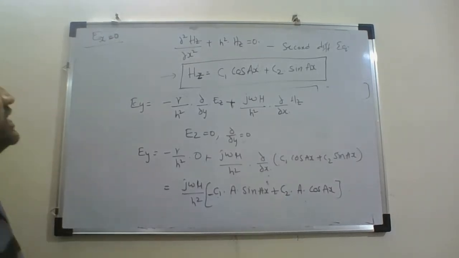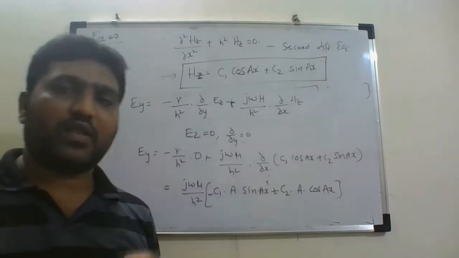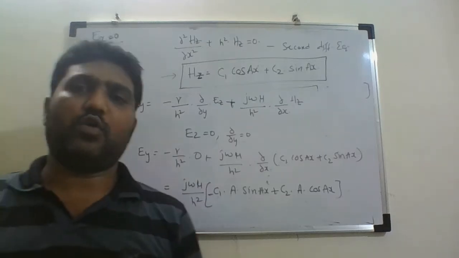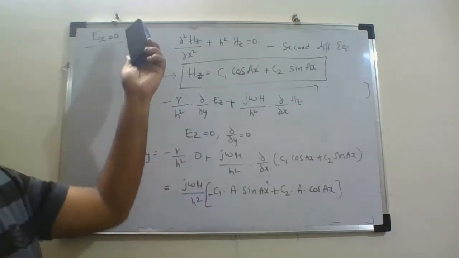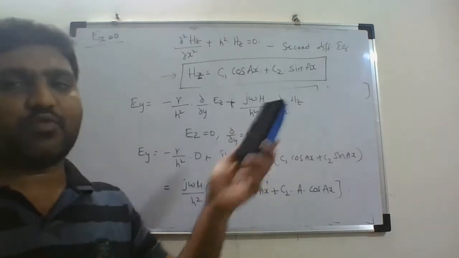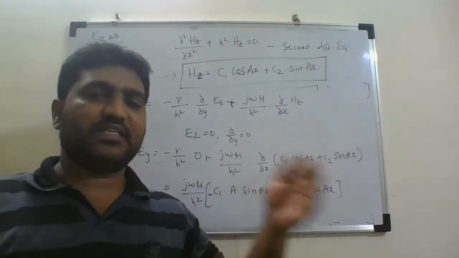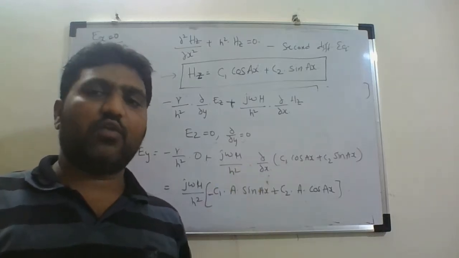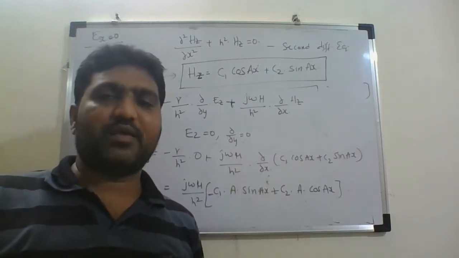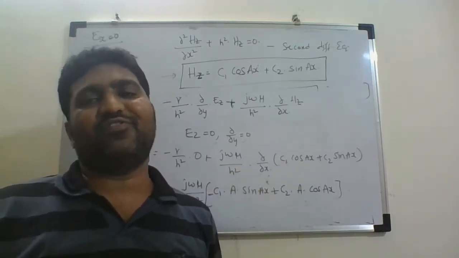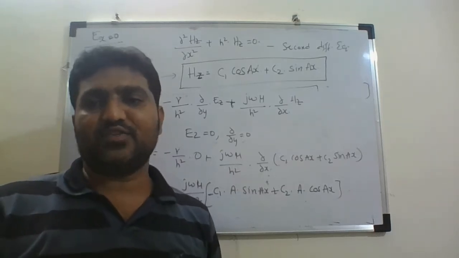So this is the second component. It exists, it is not equal to 0, and it cannot be 0 also, because Ex is 0 and Ez is 0. If Ey also becomes 0, there will be no component of electric field, and that is not possible.